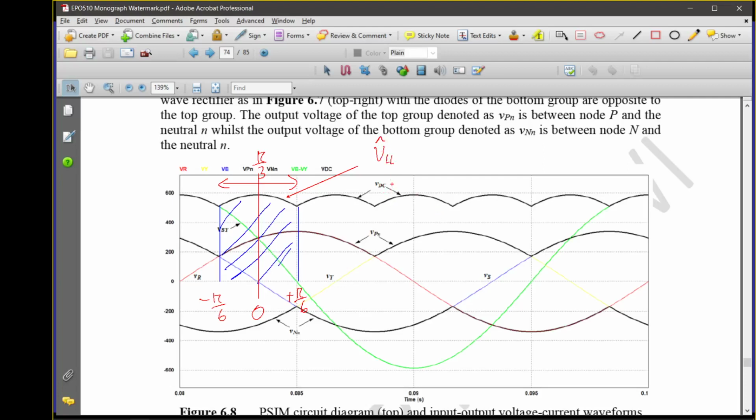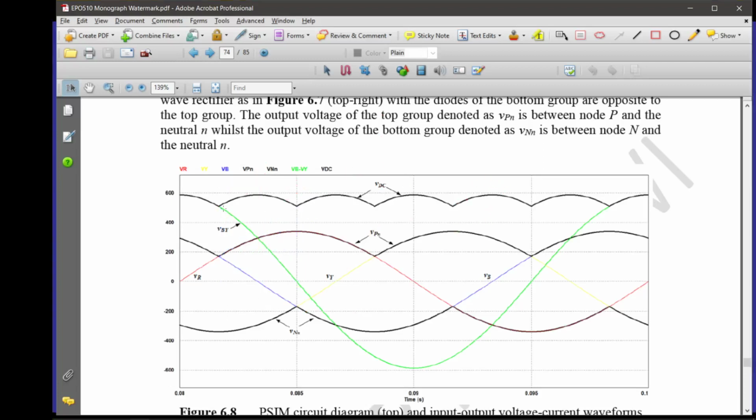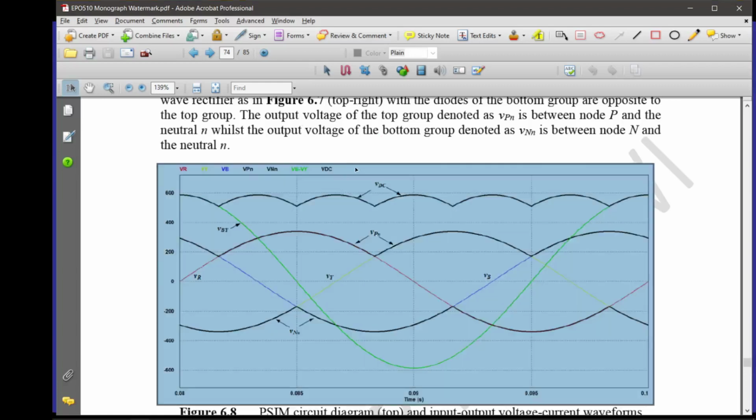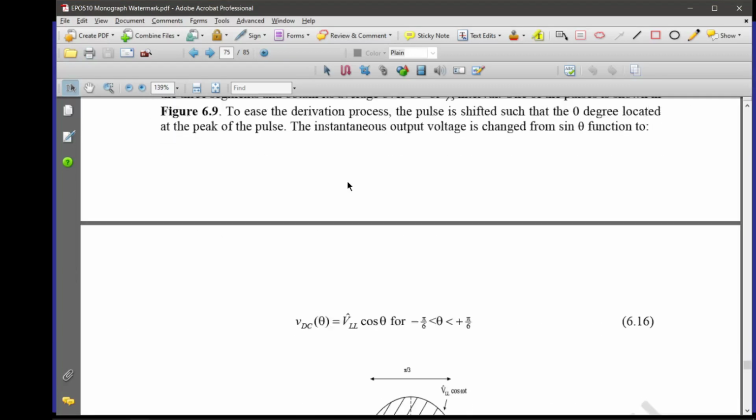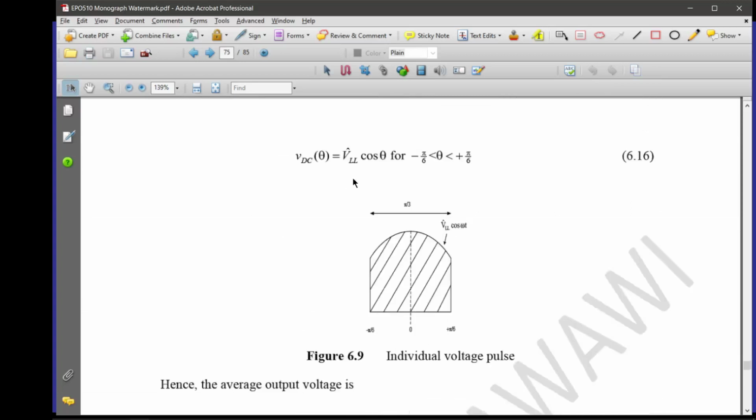And that now becomes the equation, because we pick line to line. It's no longer V phase. It's a line to line voltage, and this becomes cos theta. It's a cos sinusoidal waveform. Right. So we just integrate and divide by 60 degree. That gives you the average output voltage. You can read it clearly, so just read the notes, the monograph, to get a clear sequence.